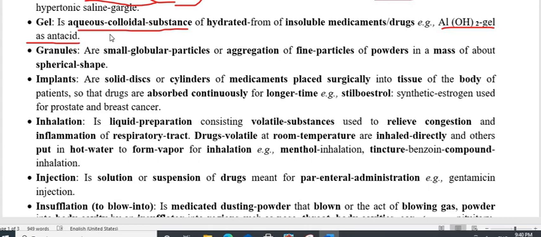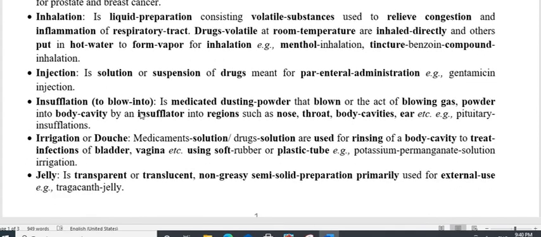Whereas jellies are usually transparent in nature. This is very important, whereas gels are not like that. Jellies are transparent, or you can say translucent, and non-greasy. Like cream, non-greasy. In cream you will find this is an emulsion product. Cream has water and oil in it.